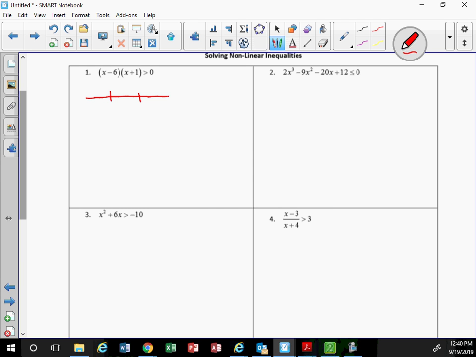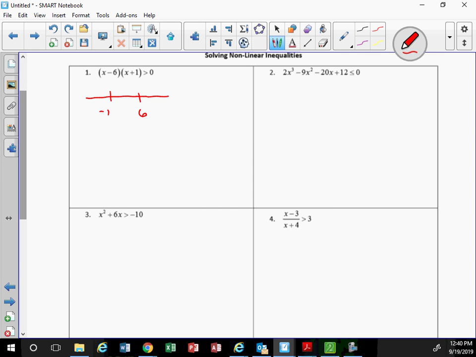You know that's a parabola, it touches the x-axis at these places, and think about where it's greater than 0. What are the two numbers on my number line going to be? -1 and 6. What number do I like to plug in because it's easy? I cannot plug in -1 because that will give me 0. How about 0?